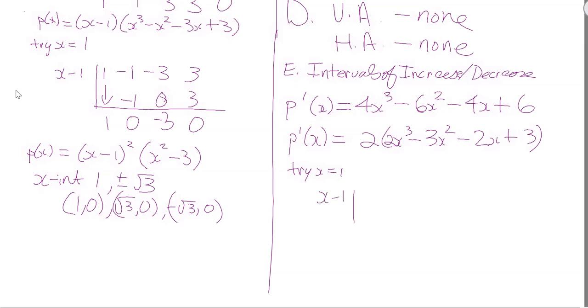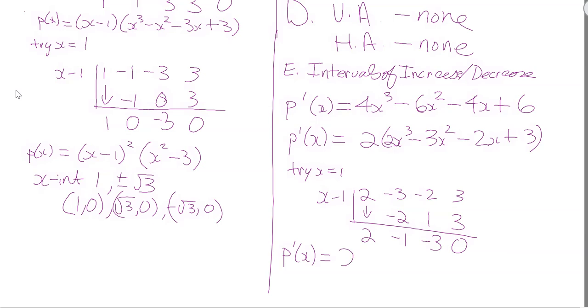We're going to try it. So we've got x minus 1. I'm interested in this. So the 2, negative 3, negative 2, 3. 2, negative 2, negative 1, 1, negative 3, 3, 0. Okay, so for 2, it's an x minus 1.